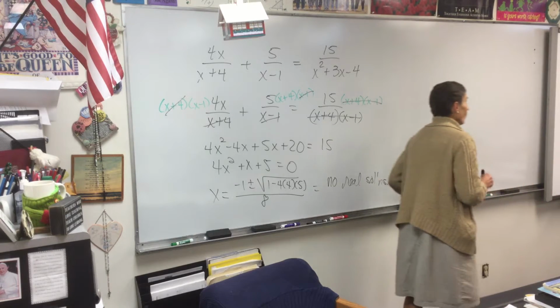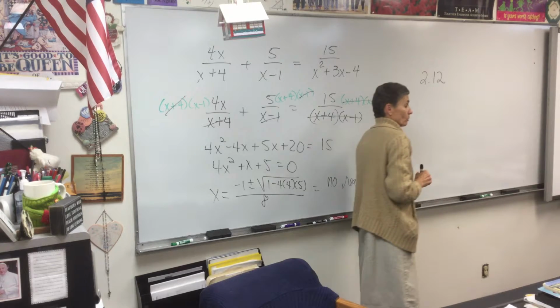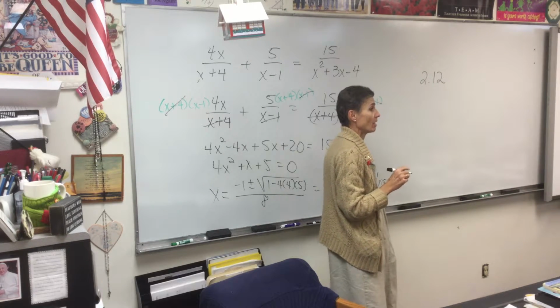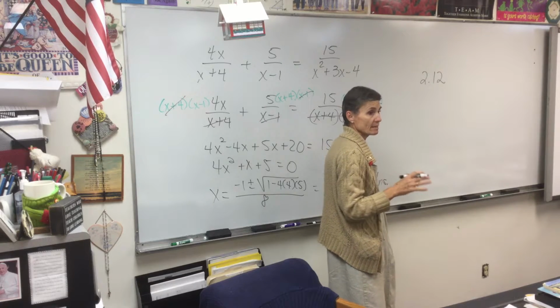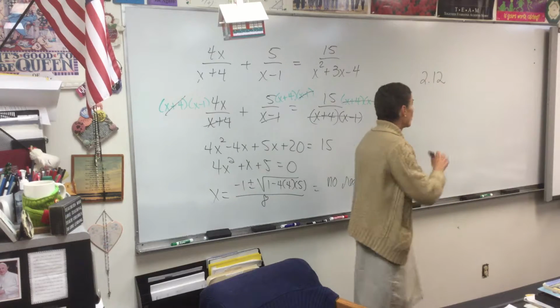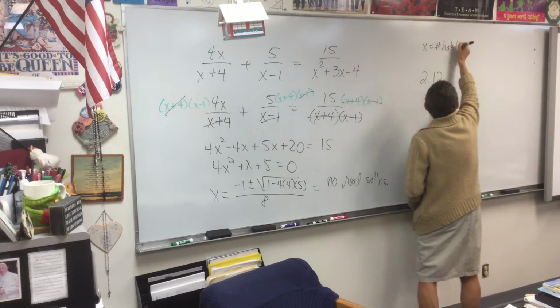Well, 2.12, what's the 212? That's the cost of a hat. So if we look at this on a weekly basis, everything's in weeks, right? X is the number of hats per week.